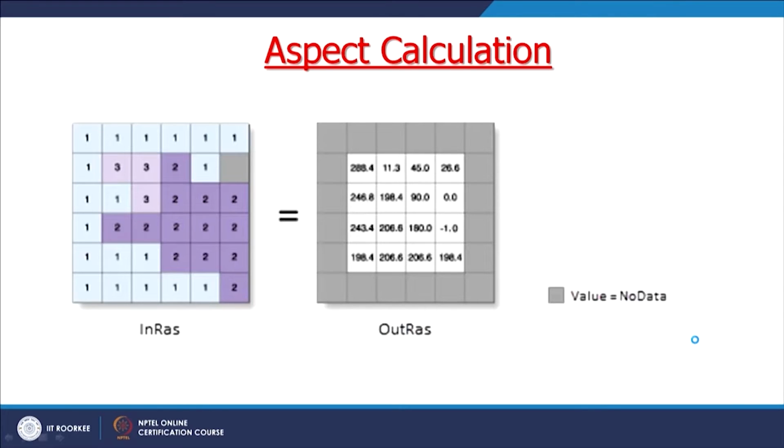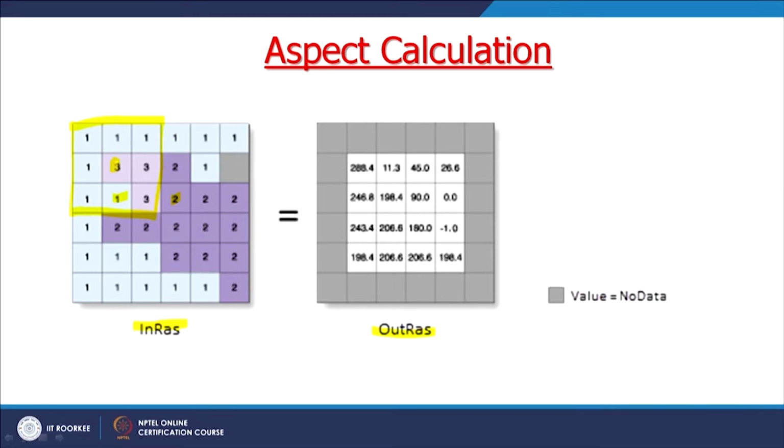For example, here we have an input raster. For simplicity, the cell values have been kept as either 1, 2 or 3. Here is the output raster, and based on the surroundings of each cell, if I take this example of this 3, then this will be considered, and whichever has a lower value may be assigned that direction.